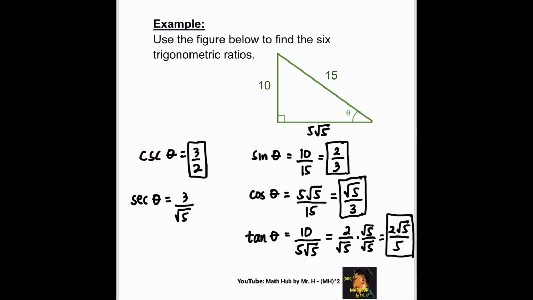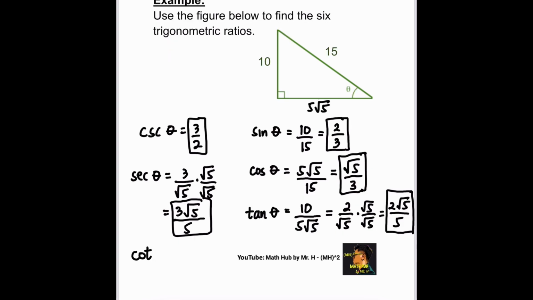But for this, we need to rationalize it to get the simplest form. So we need to multiply this by square root of 5 divided by square root of 5, which is 3 square root of 5 over 5. So that is for the secant theta.